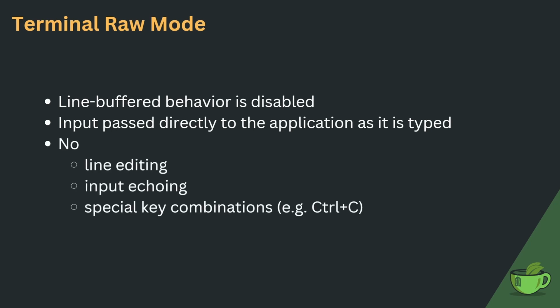Features like line editing, input echoing, and special key combinations, for example Ctrl+C for interrupting, are turned off, giving the application full control over the input. This is particularly useful for interactive applications like TUIs, where fine-grained control over user input is required. However, since raw mode bypasses many conveniences provided by the terminal, applications need to handle input and behavior carefully to ensure a smooth user experience.